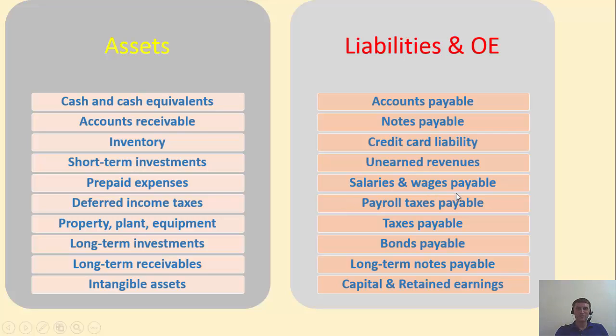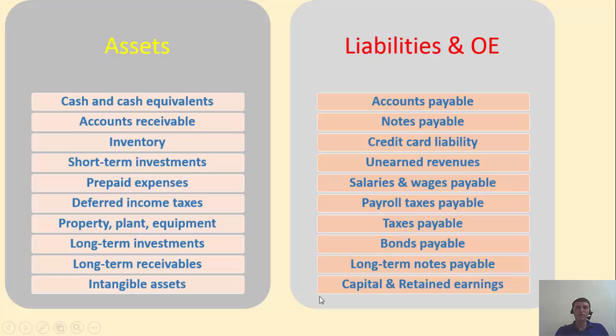Salaries and wages payable. Right, this is the money you owe to your employees. Payroll taxes, you owe these to employment agencies. Taxes payable, you owe this basically to the federal government or to the state. Bonds payable, you owe this to bondholders.